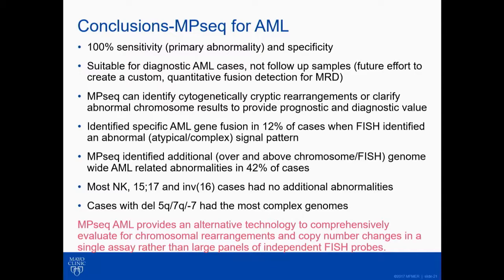And cases with deletion 5, 7, or monosomy 7 had the most complex genomes. So MPseq does provide an alternative technology to comprehensively evaluate for chromosome rearrangements and copy number changes in a single assay rather than large panels of independent FISH probes or a chromosome study.